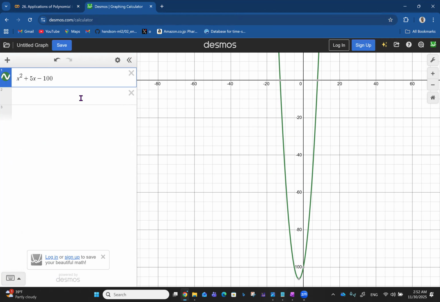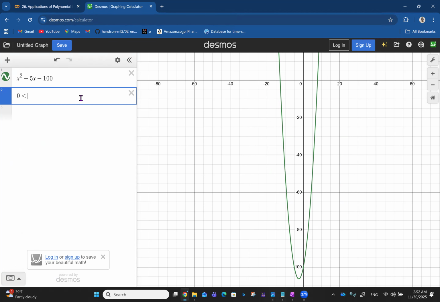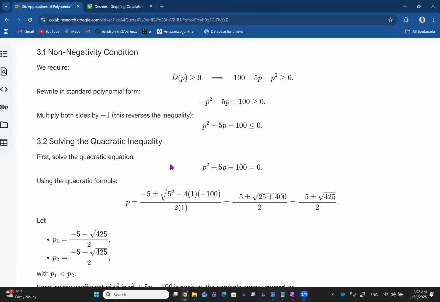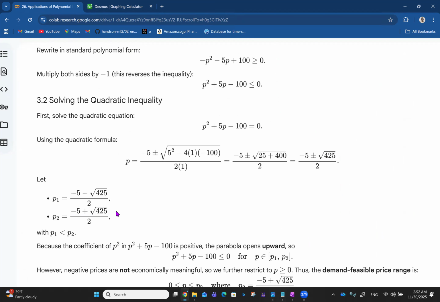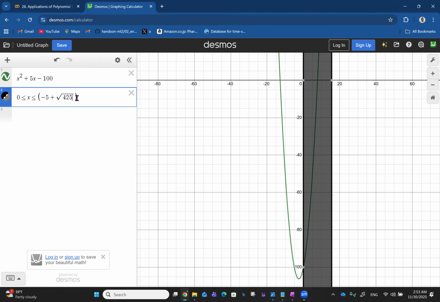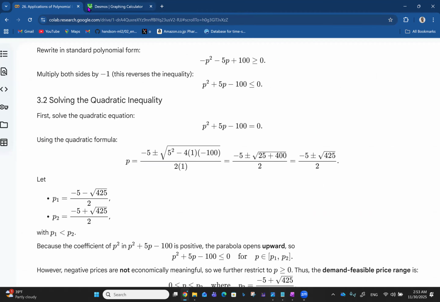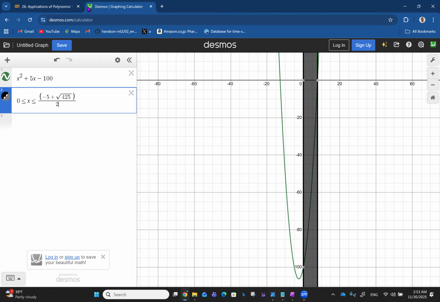So we need 0 less than or equal to x, less than or equal to that value, which is (minus 5 plus the square root of 425) all over 2. So you see, that's what works here.